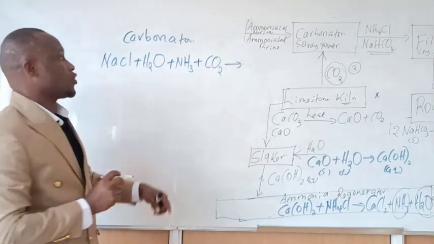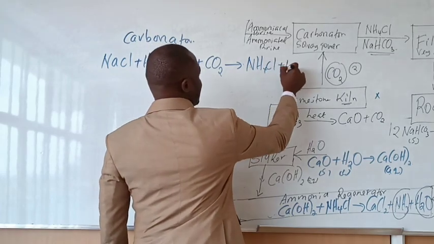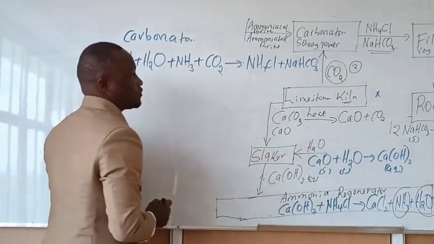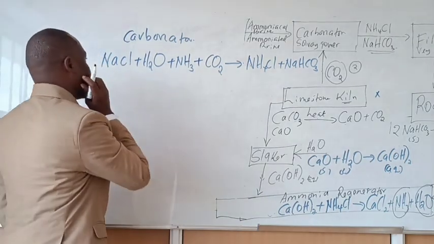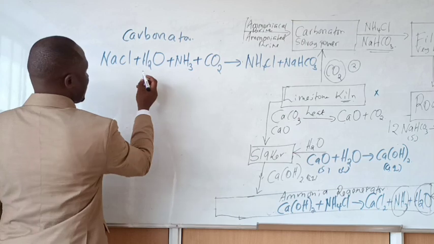This gives you two salts: ammonium chloride and sodium hydrogen carbonate. So you can now balance the equation. I think the equation is balanced the way it is.